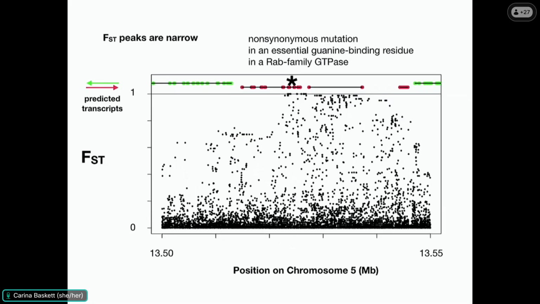And when we zoom in, in that interval, one of the perfectly differentiated SNPs is actually a very dramatic mutation that renders a RAB family GTPase inactive, according to all annotations of RAB family GTPases. So this is one where we've got a potential candidate variant that is effectively breaking a gene's molecular function, and now we can start digging in to try to understand what's happening there.